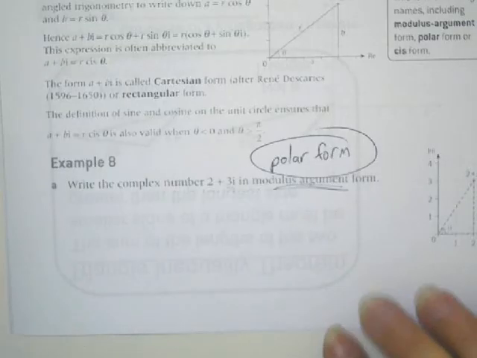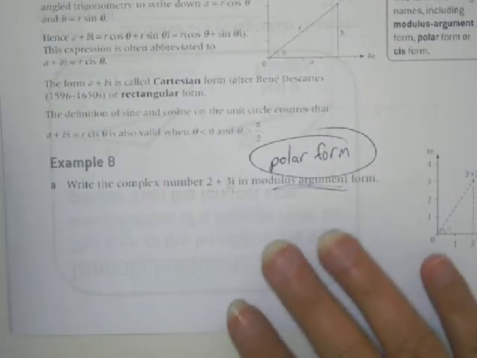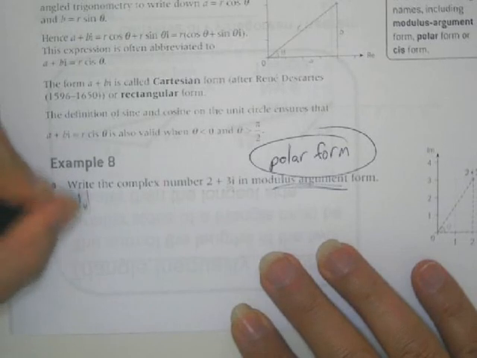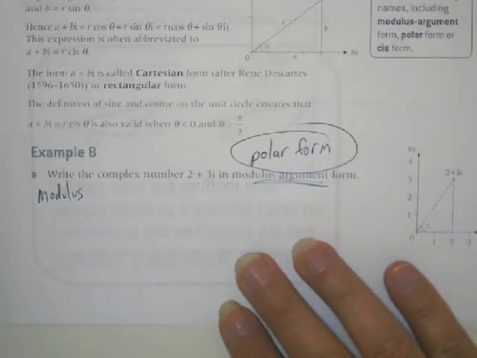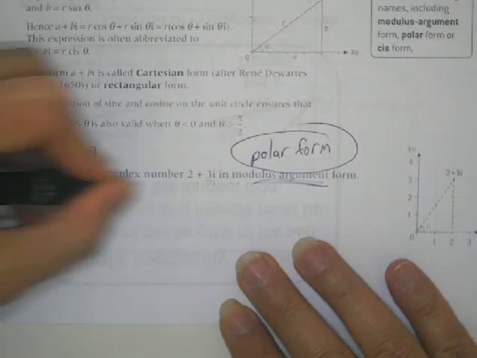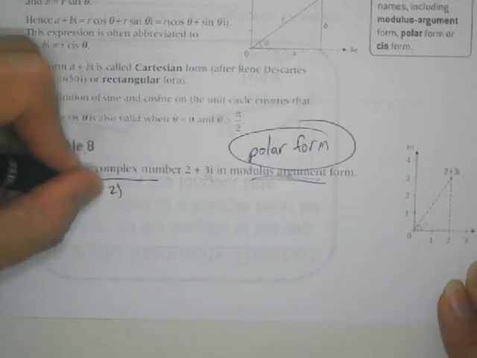But I'm going to explain it so that you know how to do it from here. So the first thing we're going to do is get the modulus. So we know in the x direction we're going over 2, and in the y direction we're going up 3.